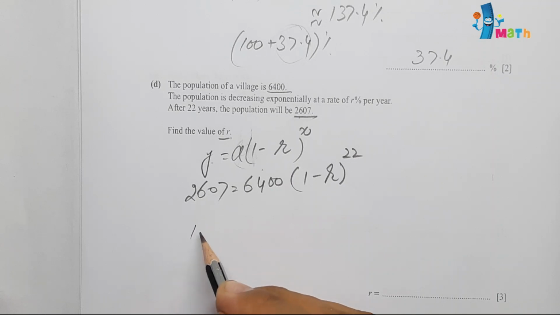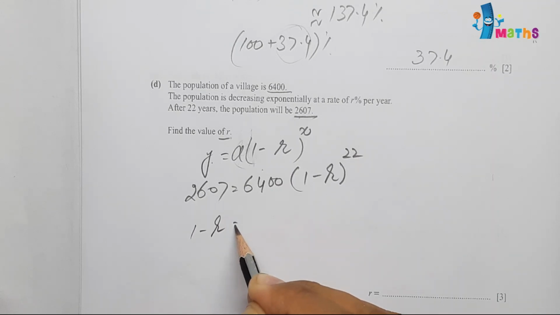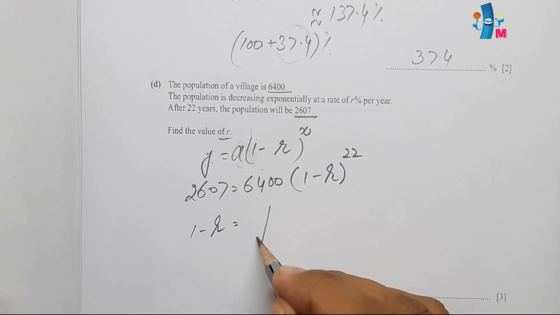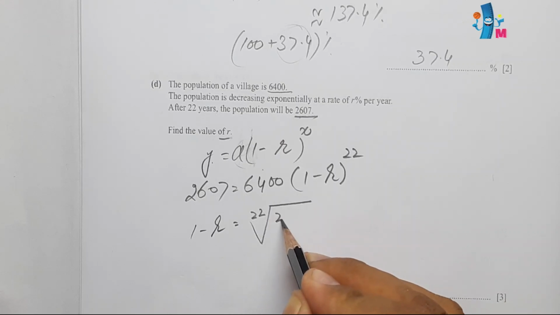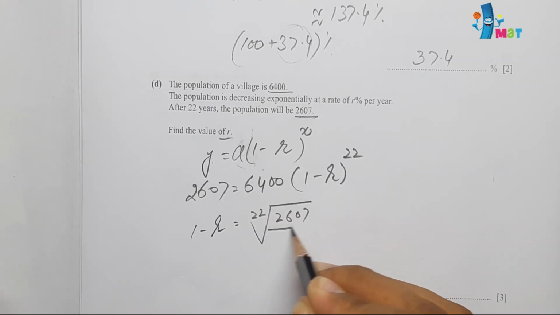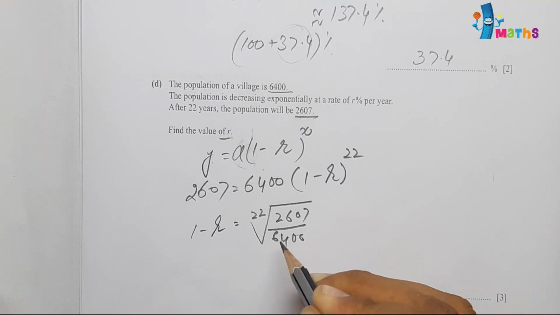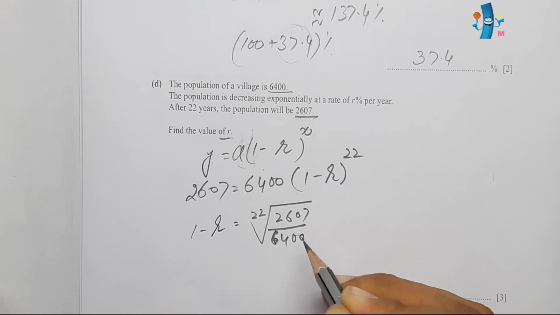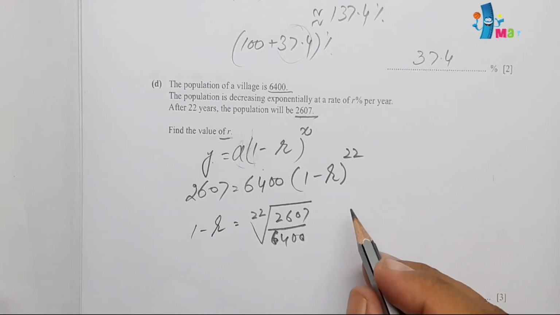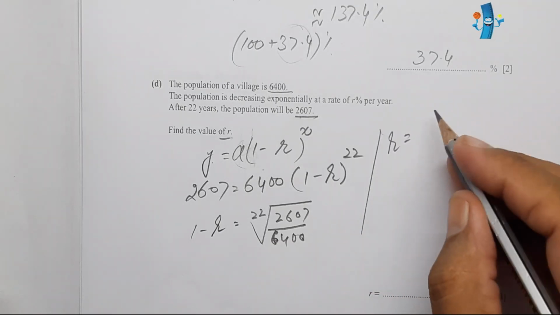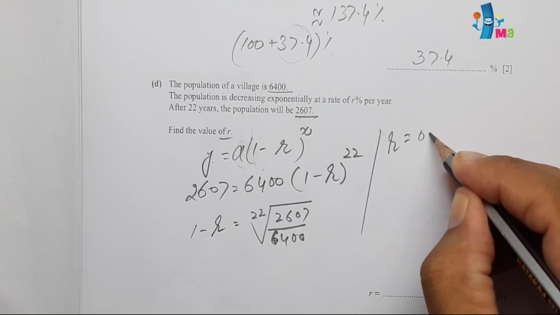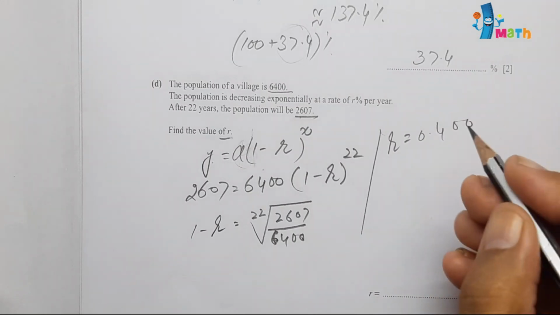We can find 1 minus r by making it the subject, so the 22nd root of 2607 over 6400, and the r value will be equal to 0.400.